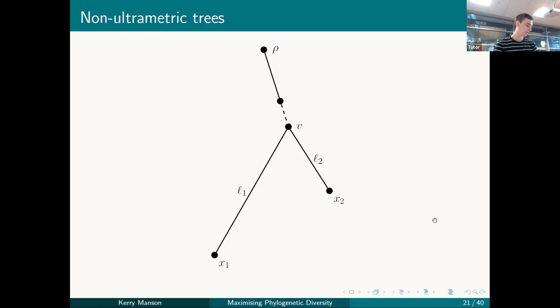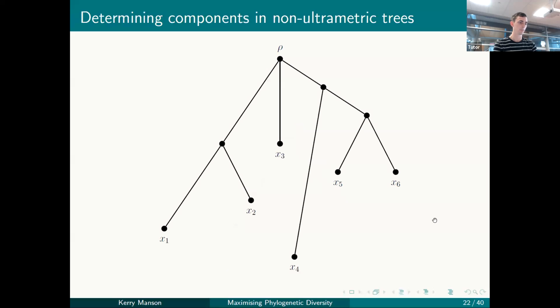And this idea, that we would swap out X2 in favor of X1 if given the chance, underlies the algorithm to find components in a non-ultrametric tree. Then once we have the components, we can apply the earlier theorem and enumerate MaxPD sets on the tree.